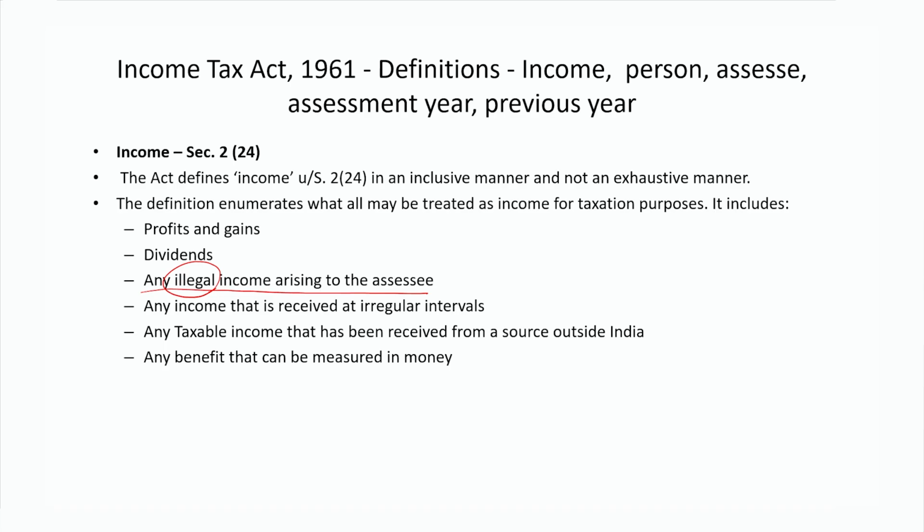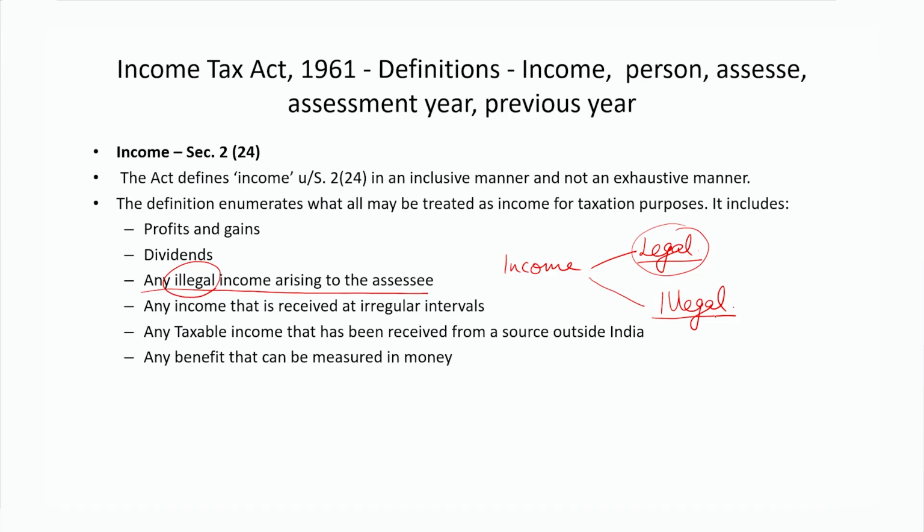Whatever income you have received from different sources, put through tax assessment and paid tax on, that would be considered your legal income. And then you have probably been smuggling things and earned some income out of that.